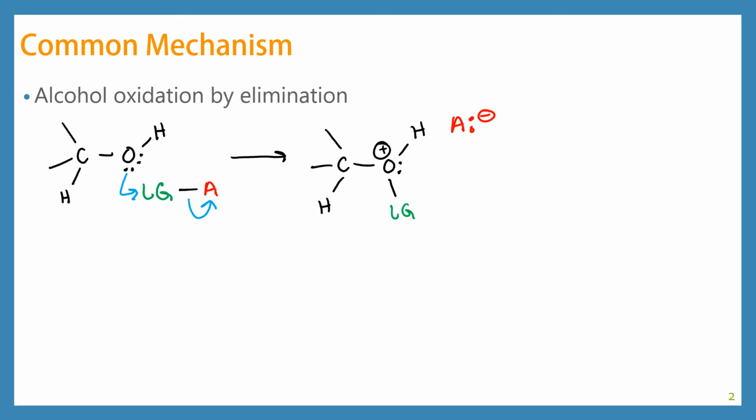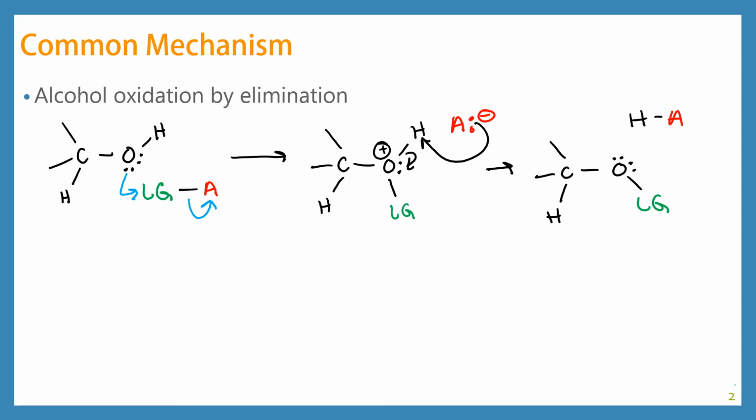So the atom A here is going to deprotonate the oxygen, which creates a molecule of a conjugate acid, which is why I use the letter A. And then we have a leaving group attached to oxygen.